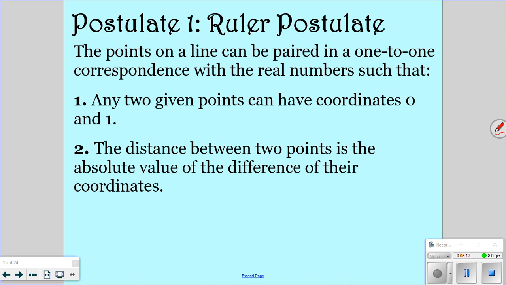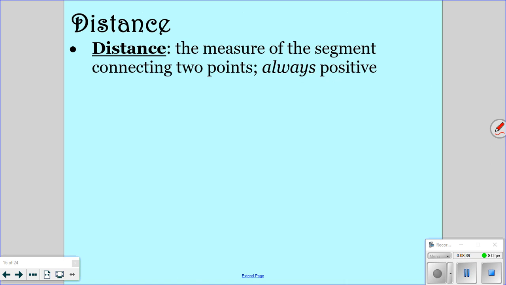So what it says: the points on a line can be paired in a one-to-one correspondence with the real numbers such that any two given points can have coordinates 0 and 1. And then the distance between the 2 points is the absolute value of the difference of their coordinates. We're going to do an example to show how to use the ruler postulate in just a second.